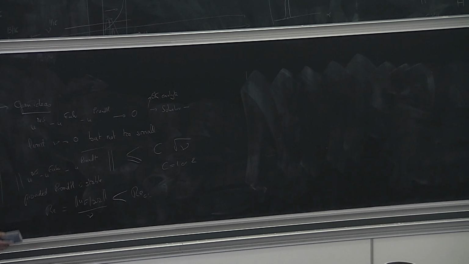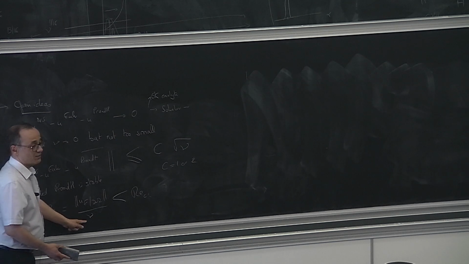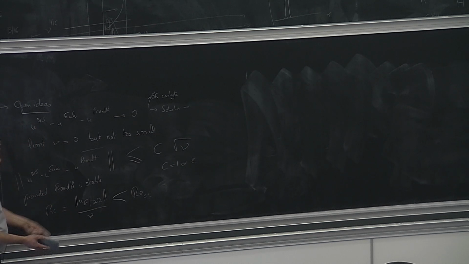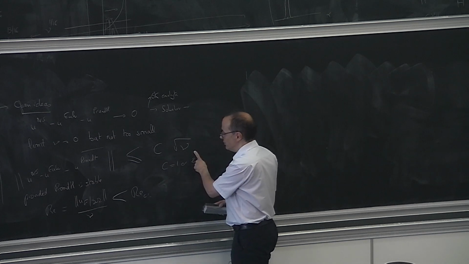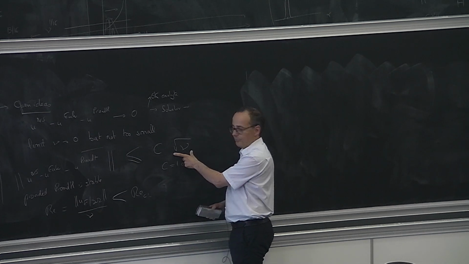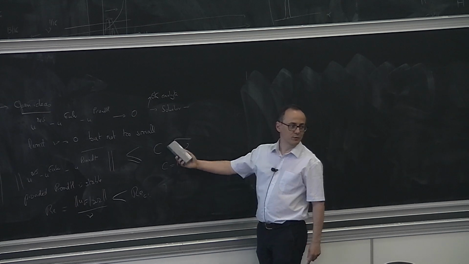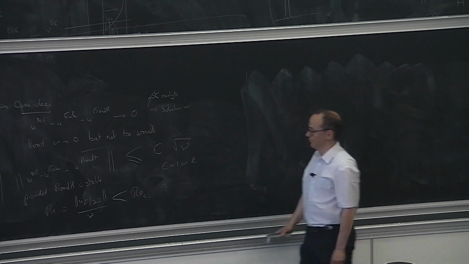So the Reynolds number of the boundary layer is U over nu, which means that nu must be large enough, of course, or else it's unstable. That's nice. And of course, we cannot let nu go to 0, but we can put this down here. And of course, we cannot put C whatever we want. If we put 10 to the power 15, it's okay, but we want C to be 1 or 2.